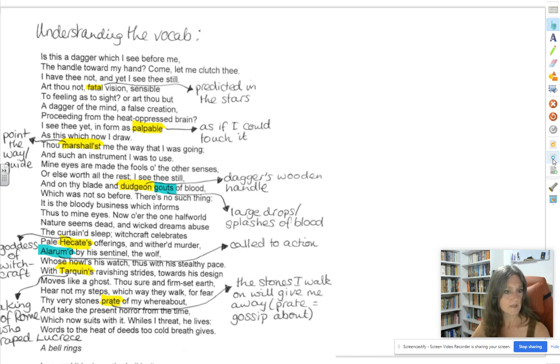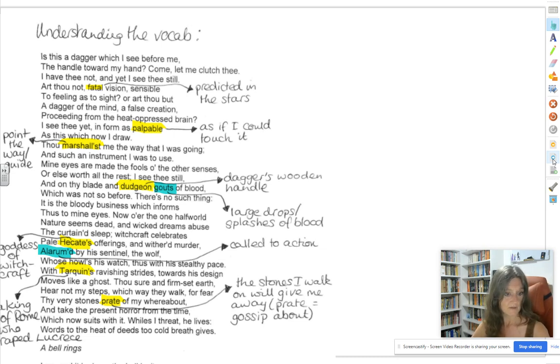Mine eyes are made the fools o' the other senses, or else worth all the rest. I see thee still, and on thy blade and dudgeon gouts of blood, which was not so before. There's no such thing. It is the bloody business which informs thus to mine eyes. Now o'er the one half-world nature seems dead, and wicked dreams abuse the curtained sleep. Witchcraft celebrates pale Hecate's offerings, and withered murder, alarumed by his sentinel, the wolf, whose howl's his watch, thus with his stealthy pace, with Tarquin's ravishing strides, towards his design moves like a ghost.